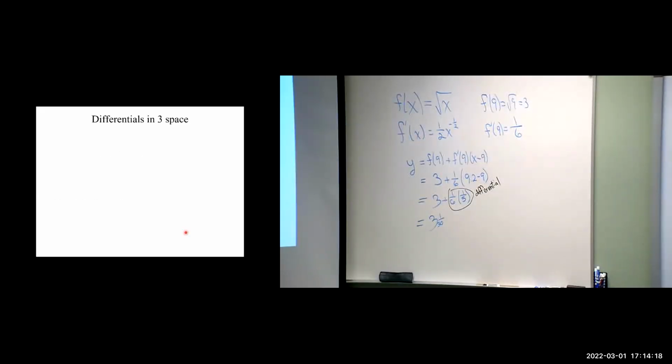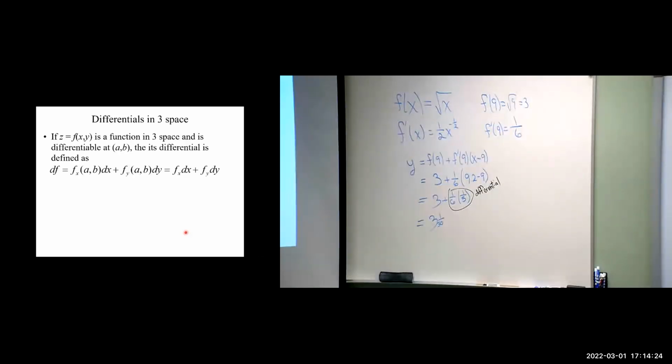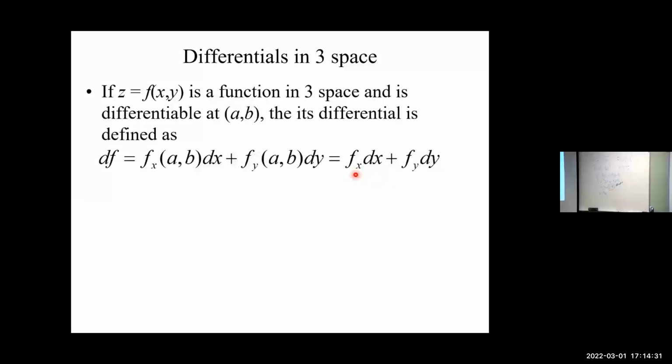So differentials in 3 space, not complicated actually. It's f sub x times our change in x plus f sub y times our change in y. And shorthand notation, f sub x dx, f sub y dy.